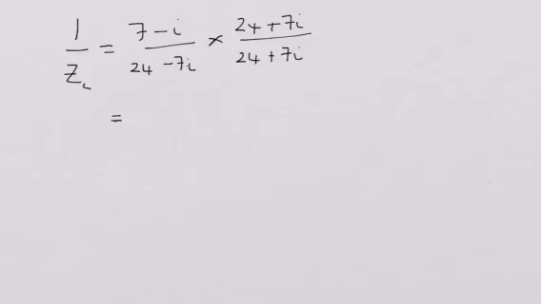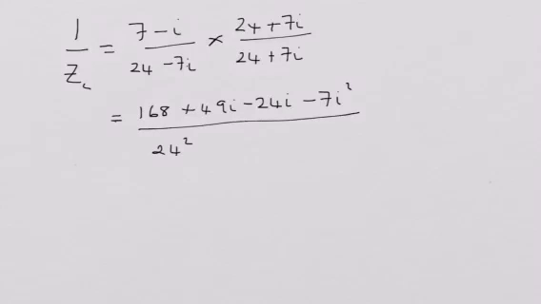It's going to give me 168 plus 49i minus 24i minus 7i squared all over 24 squared plus, because remember the i squared will go to minus 1, and a minus times a minus is positive, plus 49.